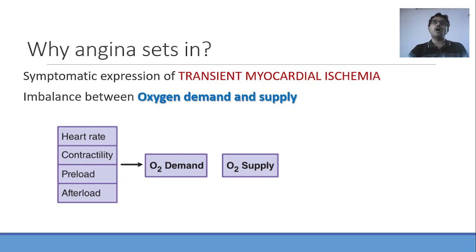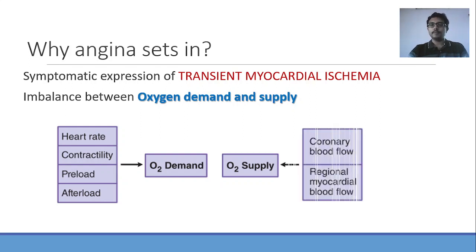On the other hand, oxygen supply to the myocardium is done by coronary arteries, and there are two aspects there. One is the blood flow in the coronaries, in the larger part of the artery, and second one is the blood flow in the smaller arterioles that are branching out of the coronary artery. That is called the regional myocardial blood flow. Both of these are essential so that oxygen supply and oxygen demand are in balance.